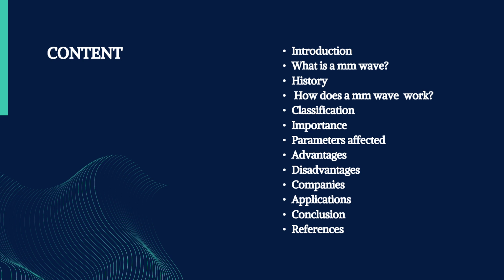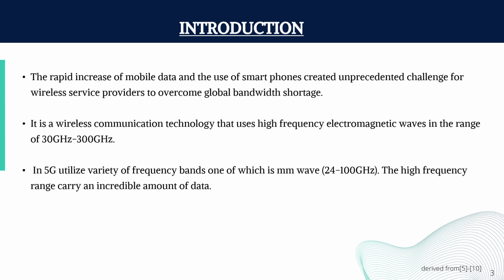Classification is based on the frequencies, and also the importance of the millimeter wave and the parameters, the advantages, the disadvantages, and the major companies that use the millimeter wave technologies, application, conclusion, and reference. These are the main contents we go through in this presentation, and moving to the introduction.